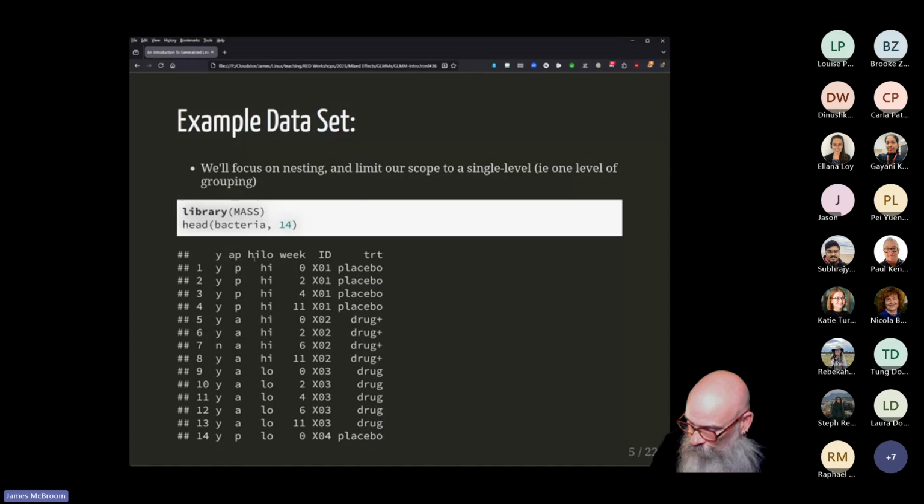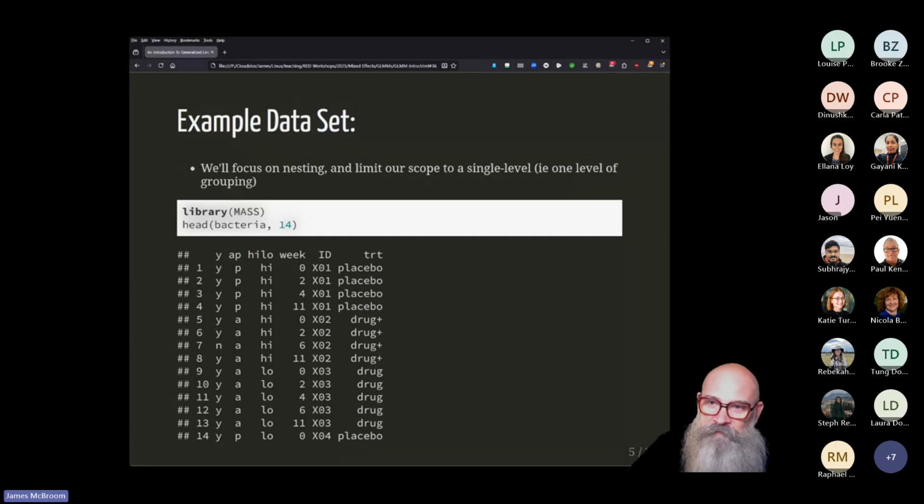And so there was a high and low compliance group as well, randomly allocated within each of the placebo and active drug groups. High basically meant that the community nurse would pop by and remind people you need to take your tablets. And low was people were left to their own devices to remember to take the tablets or not.